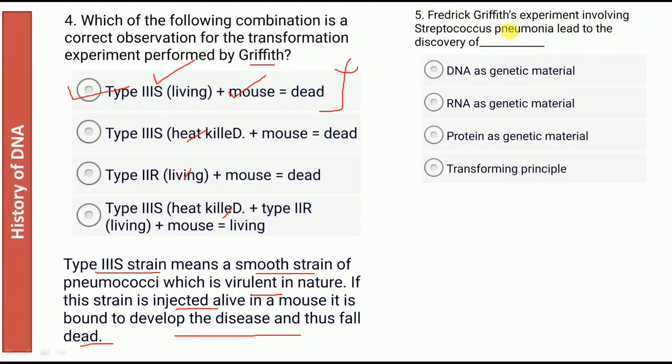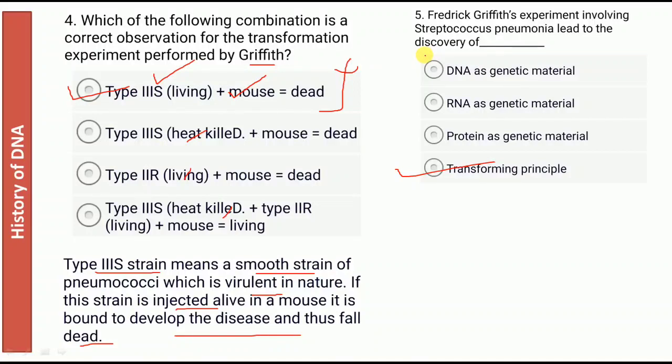Frederick Griffith's experiment involving Streptococcus pneumoniae led to the discovery of. So here are the options: DNA as a genetic material, RNA as a genetic material, protein as a genetic material, transforming principle. All these questions are interrelated.